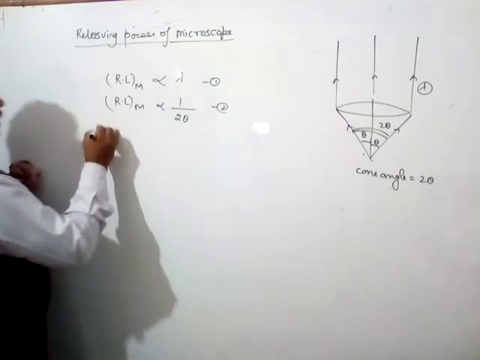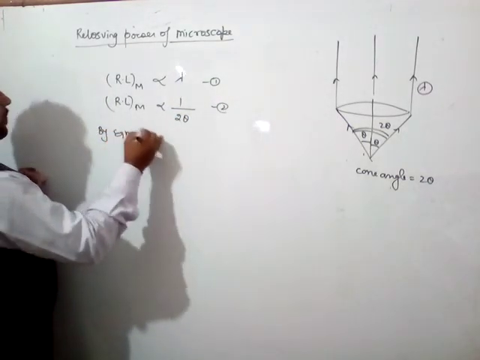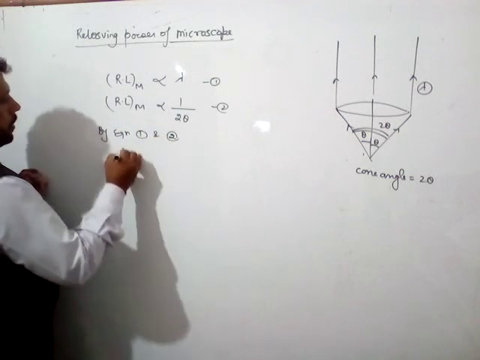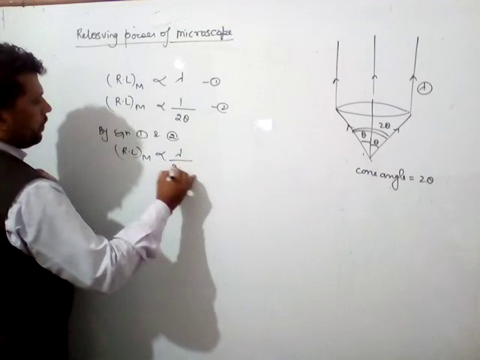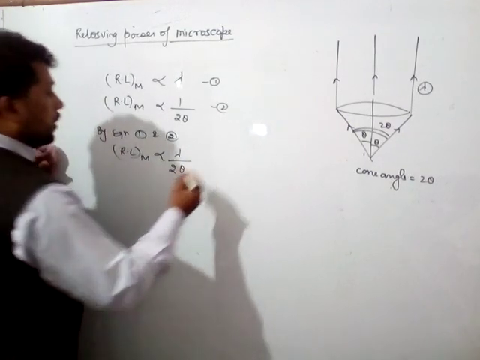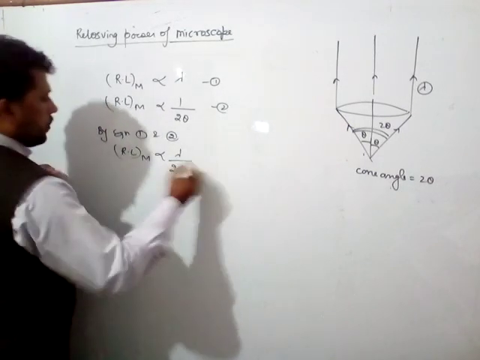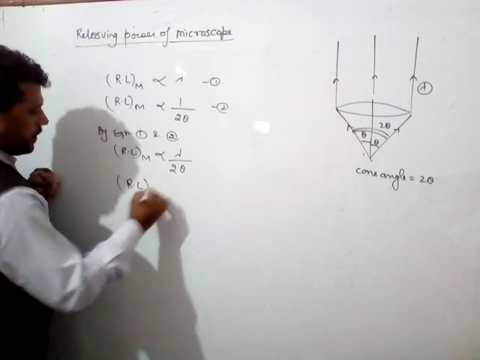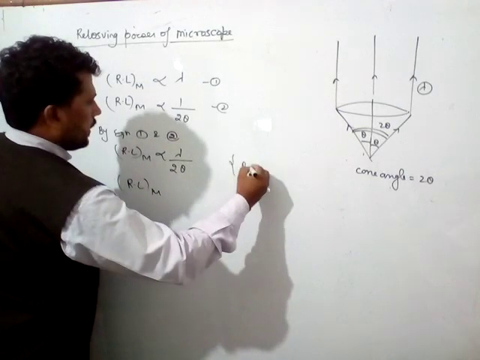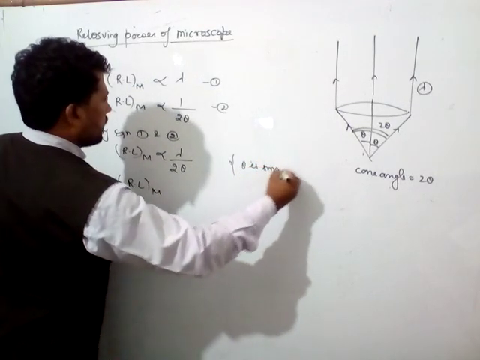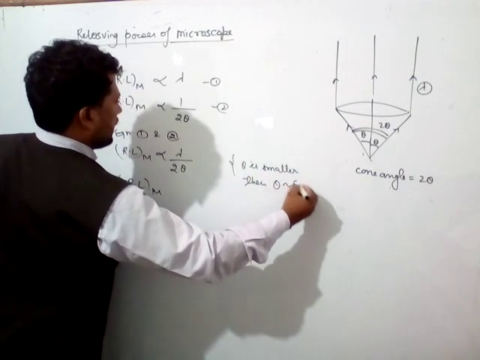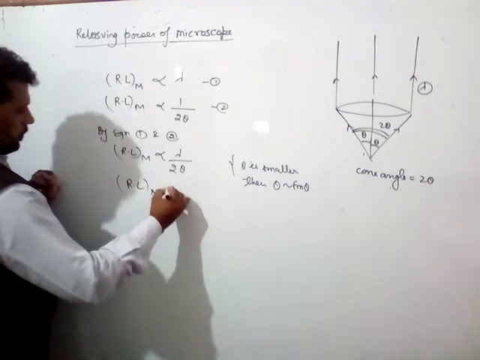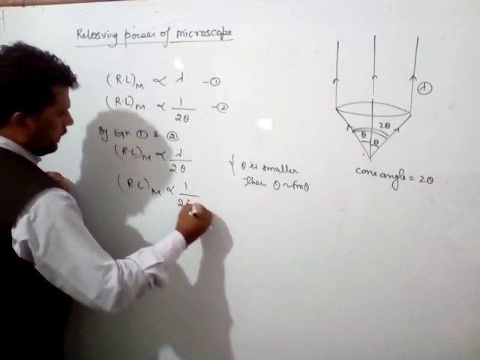So by equations first and second, the resolving limit of the microscope is proportional to lambda upon 2 theta. If theta is small, theta is approximately sin theta, so we can write 2 sin theta.